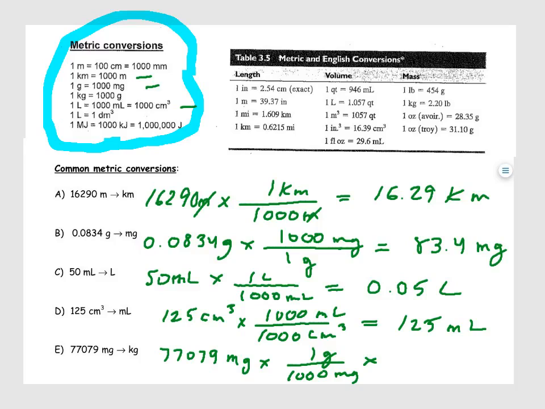If I stopped there and divided 77,079 by 1,000, you would get 77.079 grams. But I want to go to kilograms. So I also use the next step. The grams has to go on the bottom to cancel the grams on the top in the middle step. So I'm going to write 1,000 grams on the bottom, so the grams will cancel, which is equivalent to 1 kilogram on the top.